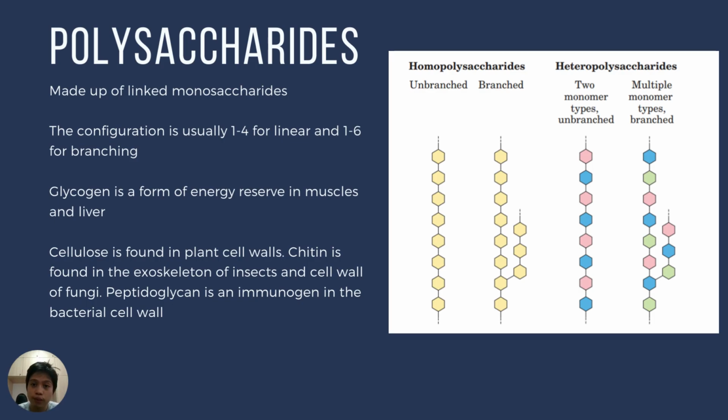So you can have two monomer types and unbranched, for example, in peptidoglycan, where there are alternating units of N-acetyl glucosamine and N-acetyl muramic acid, and you can have multiple monomer types, as is found in more complex cell walls, such as in the cell wall of the tubercle bacillus, and in the cell wall of gram-negative bacteria.